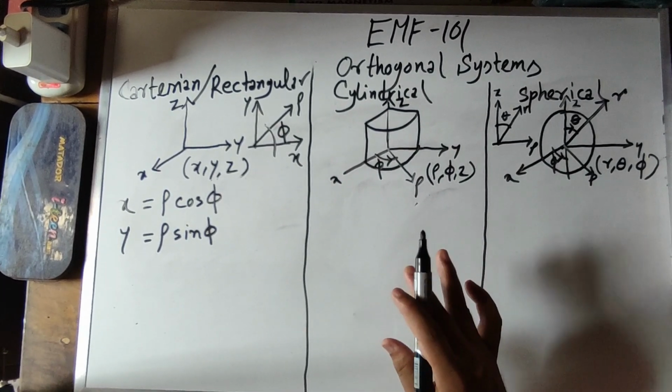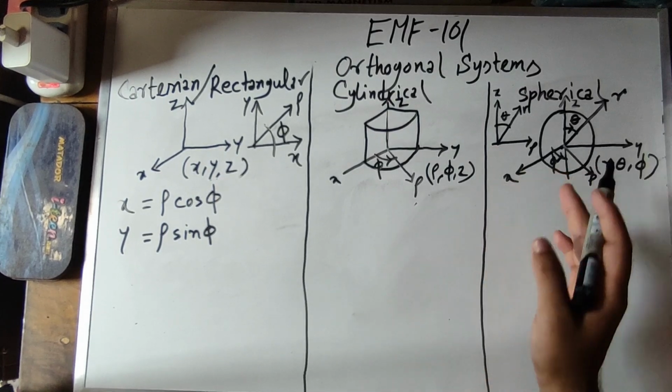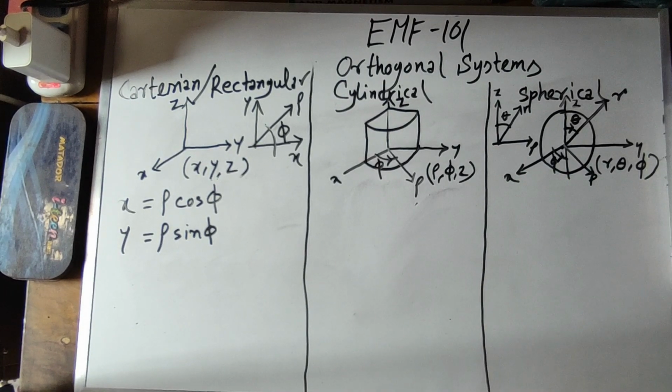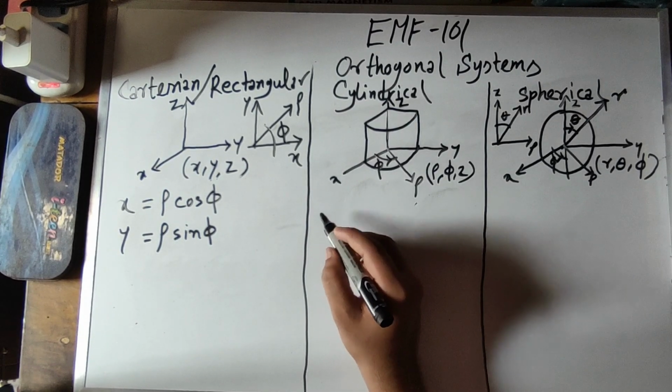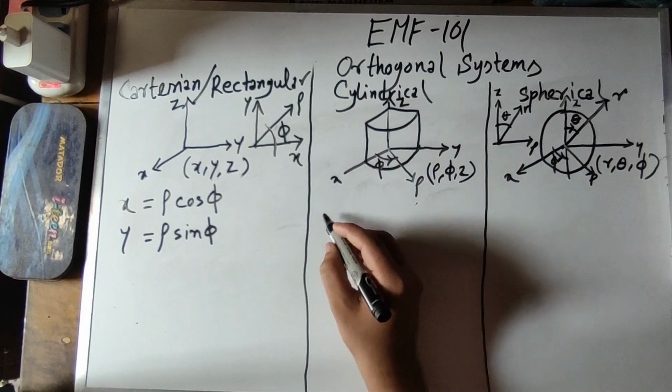Now in the cylindrical system, rho can be represented in terms of r. So how can we represent it?